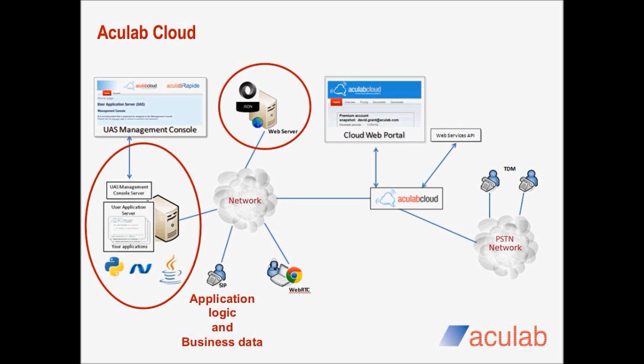So there are two different elements in there, and your application server does not have to be a powerful server. It can be anything from a laptop to a very light machine running in your office, for example, because all of the resource and the heavy work, so to say, is being done by Aculab Cloud.